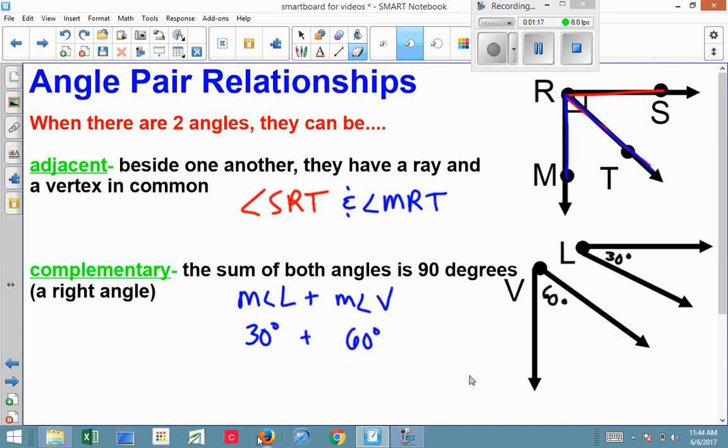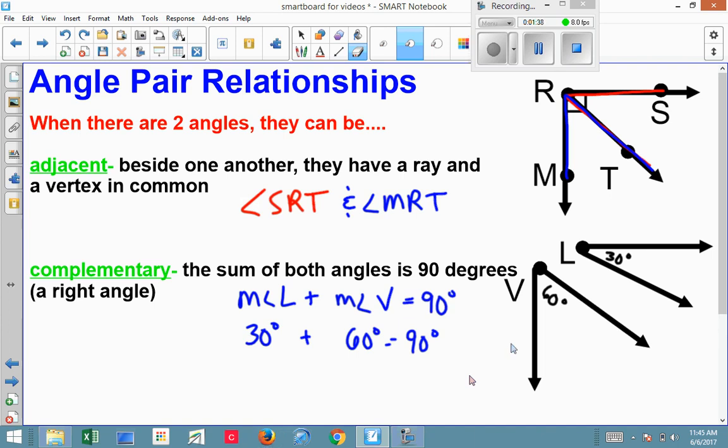Well, if I add them together, I do get 90 degrees. So because I'm getting 90 degrees for their sum, I can say that these two angles are complementary. Or I could say the complement of angle V is angle L, or the complement of angle L is angle V. So they're complementary angles.